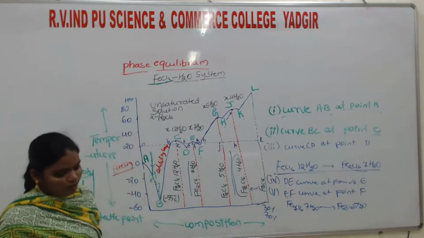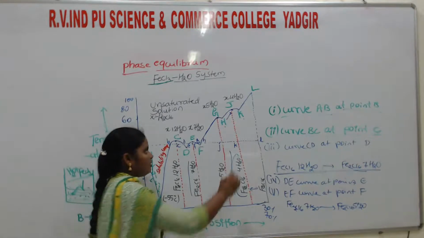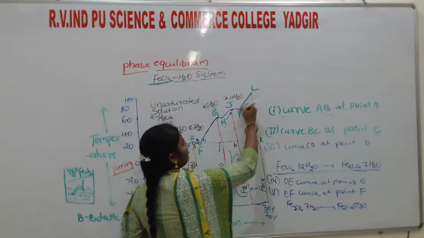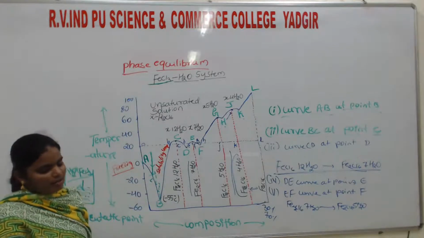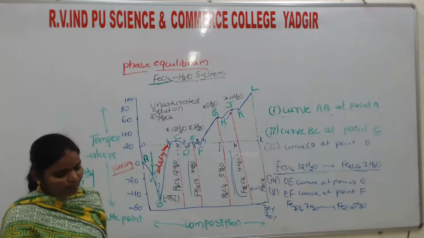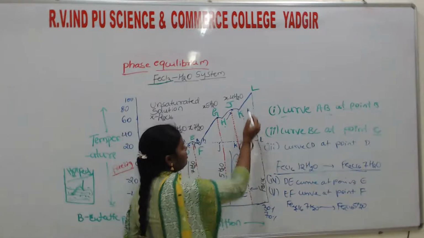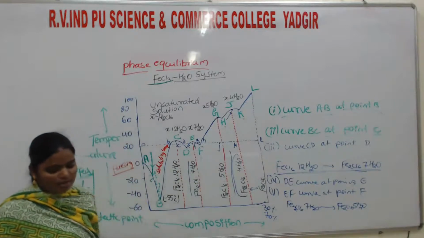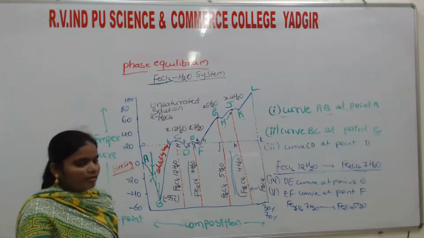Okay. Next, finally, the curve KL. This is the KL curve, and it is simply the solubility curve of Fe2Cl6 anhydrous, the solubility curve of anhydrous ferric chloride.